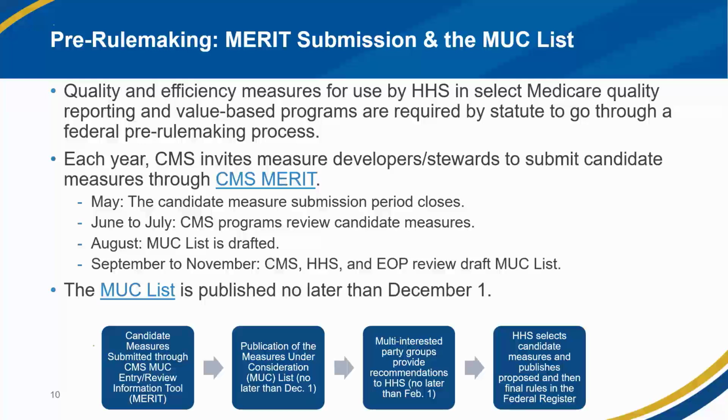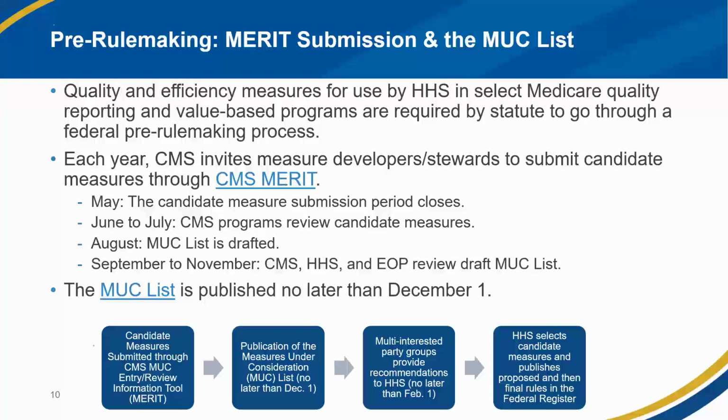But as many of you probably know, each year CMS invites measure stewards to submit measures through our system, CMS Merit, for consideration to go onto the MUC list, the measures under consideration list. The period for that submission closes sometime in the May timeframe.